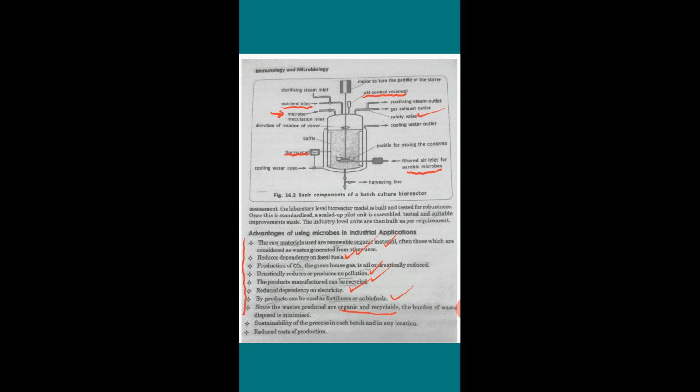Then the last point, reduced cost of production. That will be understood if we have seen the way of production of the microbial products, because these microbial organisms produce these desirable products as a result of their metabolism, and there is no synthetic or artificial chemical reaction involved.